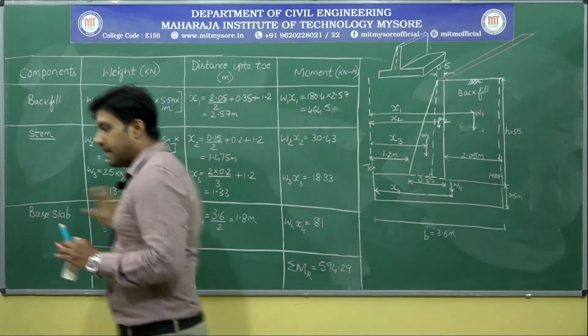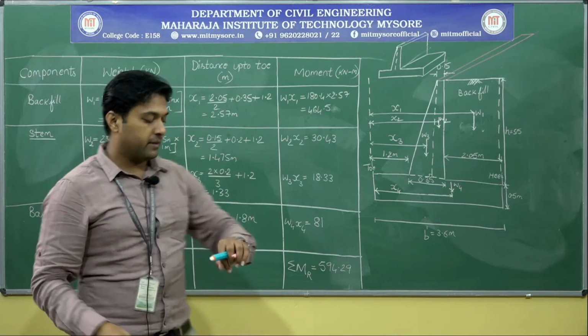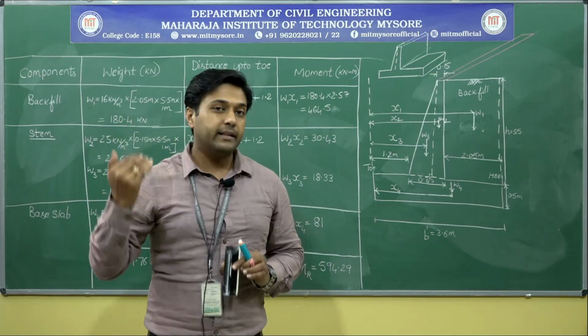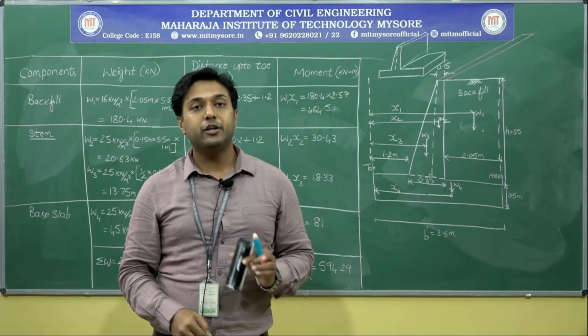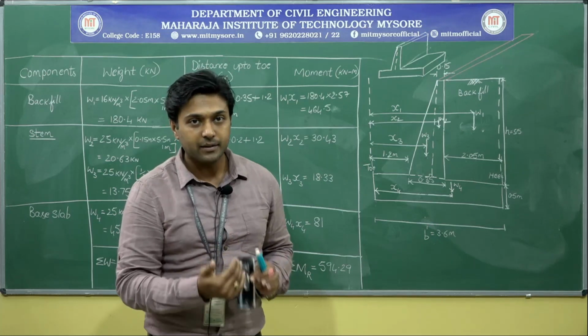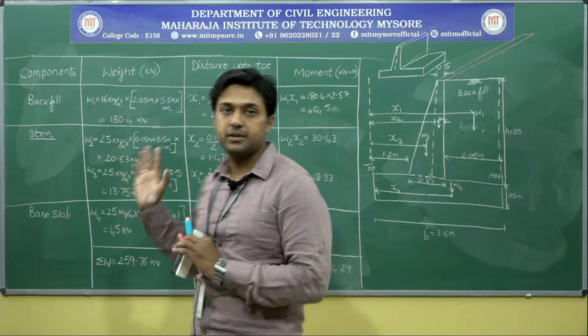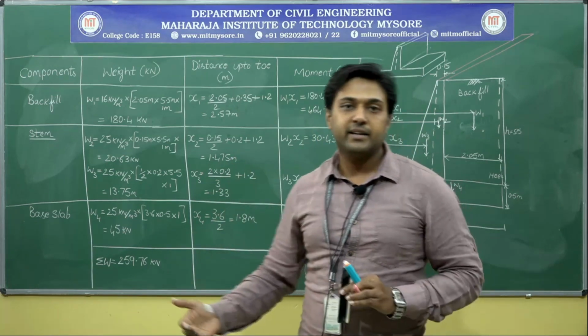Okay. So to continue further, so I think today I will be winding up my class. So in the next class, I will be continuing the continuation part of this. That is the check for soil earth pressure. I think you people have understood this. Okay. So thank you. So I will be continuing it in the next class.